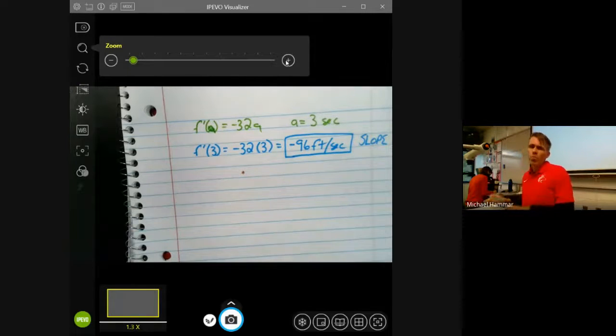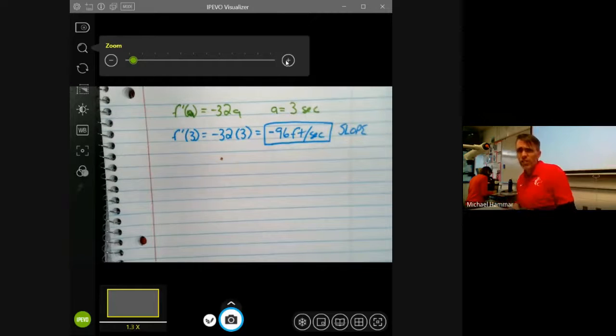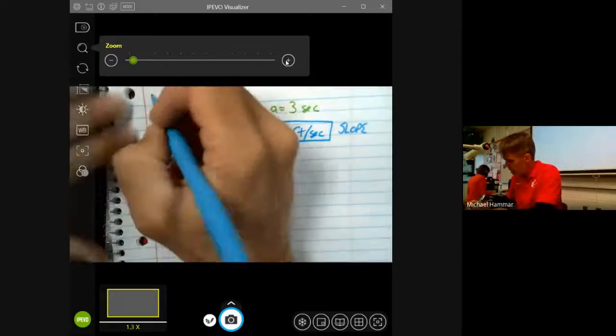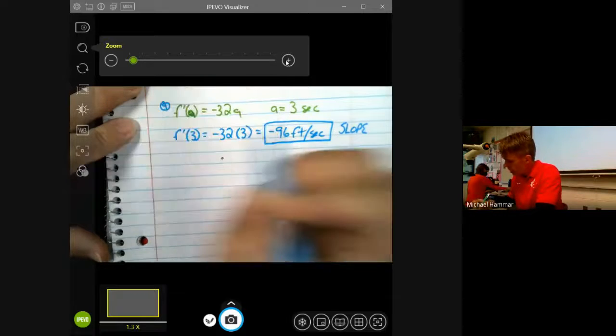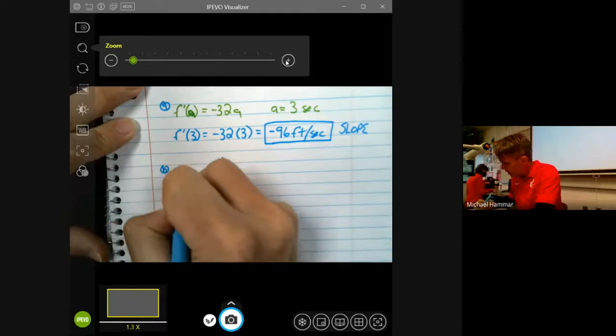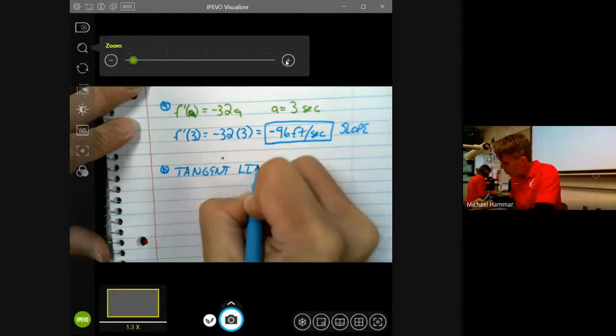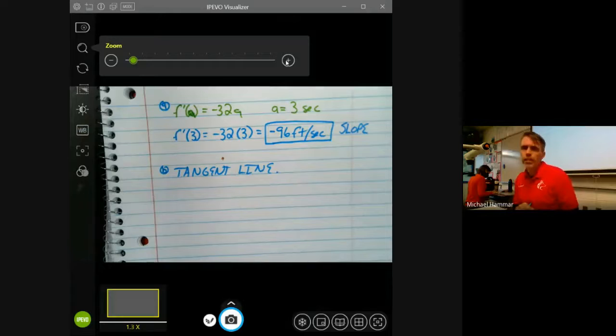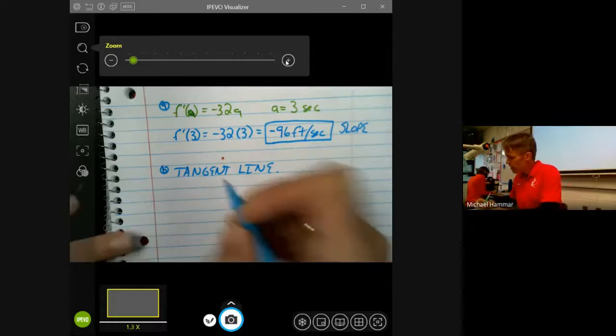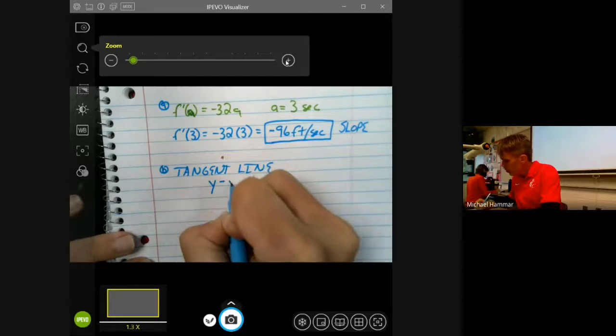Now, it didn't ask you just to find the slope. It also asked you to find the tangent line. So we need to find the tangent line. And if you remember the formula to find equations of a line, the formula that we use most often is point slope form.